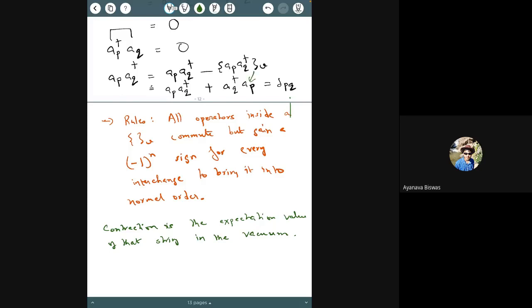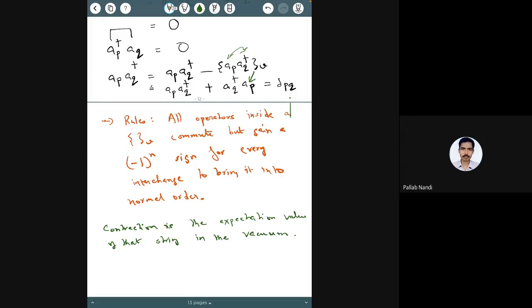What I'm a little bit confused about is, well, not confused. According to the rule, this is fine, that I have done one interchange and I have changed the sign. But I can't remember how to justify the rule. In normal order, first operate the annihilation operator, then creation operator.